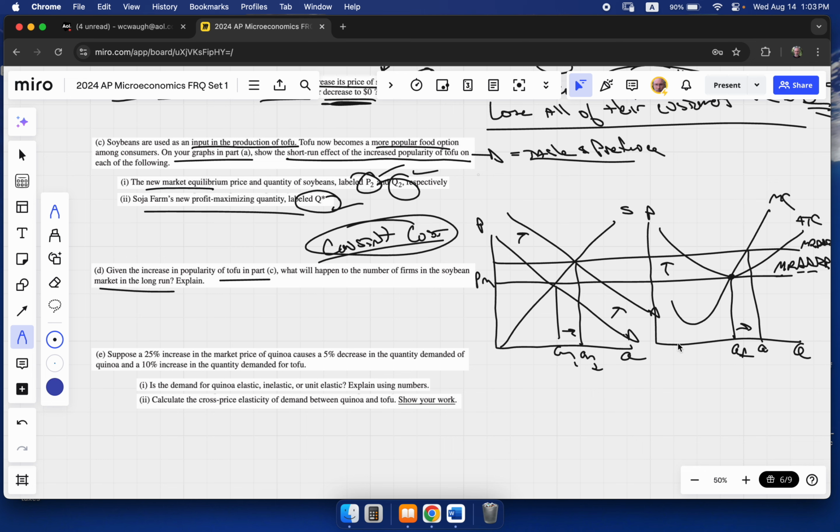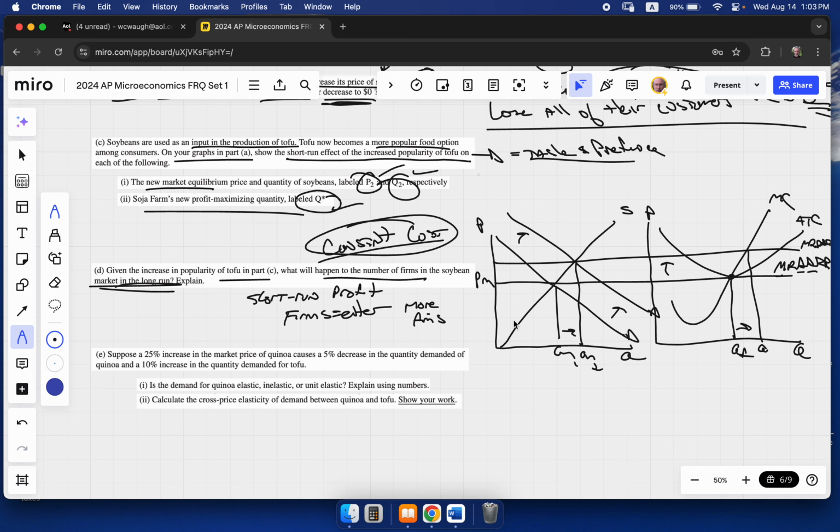We can see that. The question is, in the short run, we know there are profits. And then their question is, what will happen to the number of firms in the long run? Well, in the short run, we have profits. Therefore, firms will enter, chasing after those profits. As firms enter, well, we have more firms.